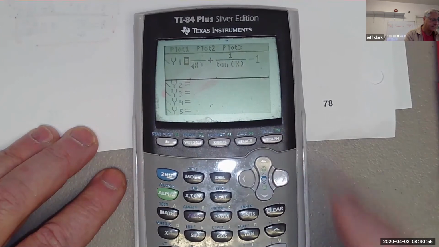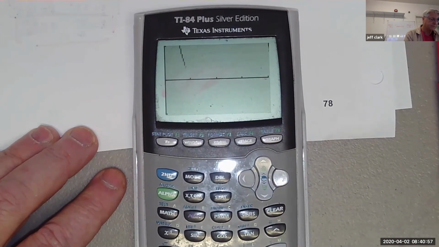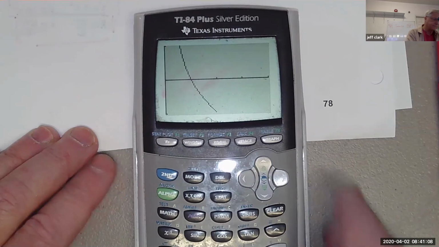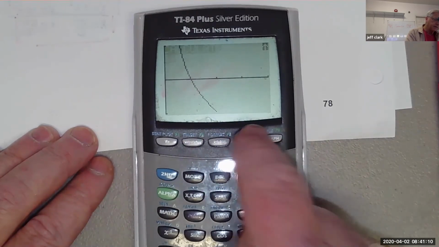Graph. Oh, there's one answer. One answer. Okay, easy enough.